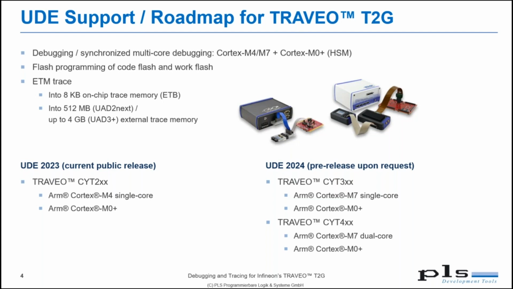In the pre-release of the UDE, which we call UDE 2024, which will be public next year, all the available devices of the TRAVEO II family are supported. If you have projects with these devices, which are based on Cortex M7 single core or dual core variants, then of course you can ask for that version and we will provide it to you.